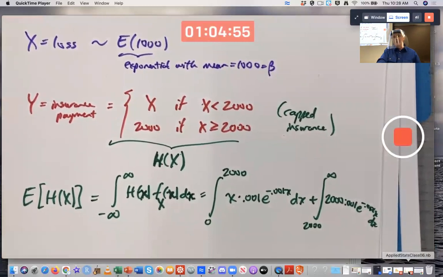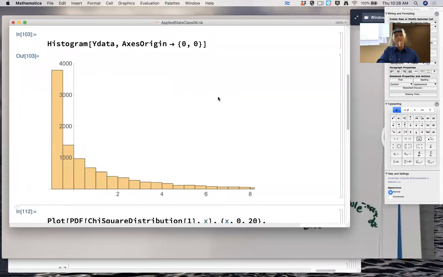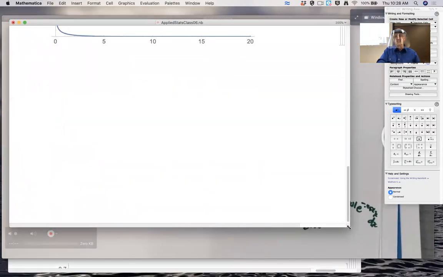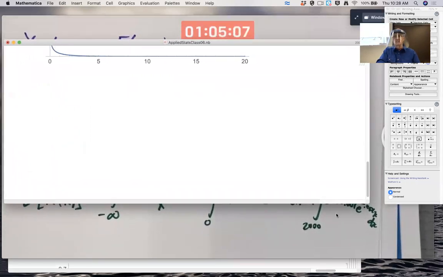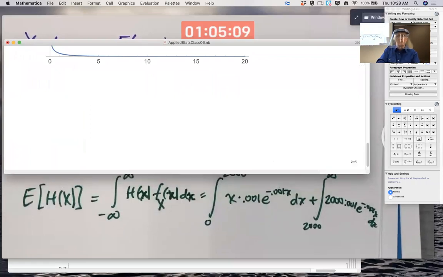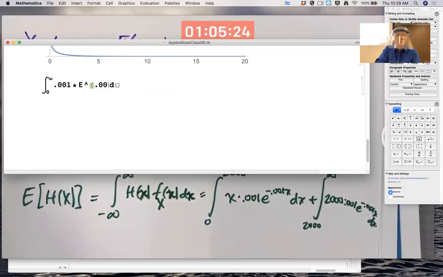Think about it intuitively. The mean of x itself is, oh no, 1,000, sorry. The integral from 0 to infinity of 0.001 times e to the negative 0.001x.